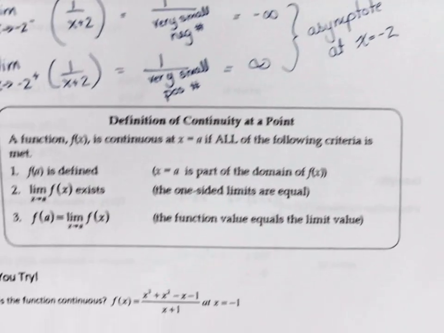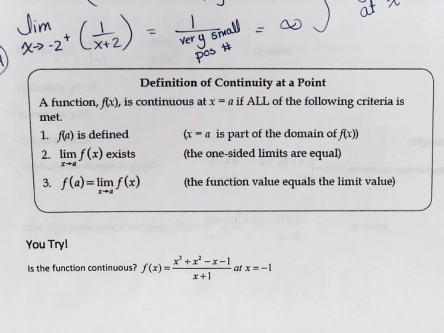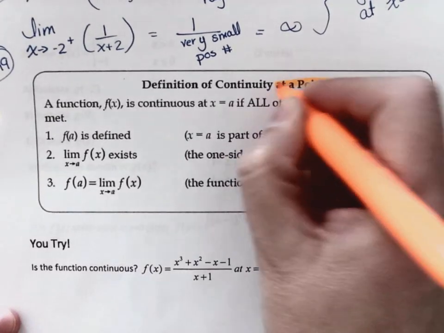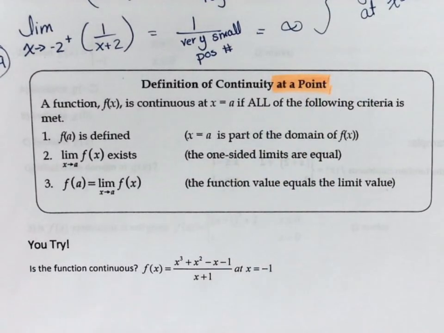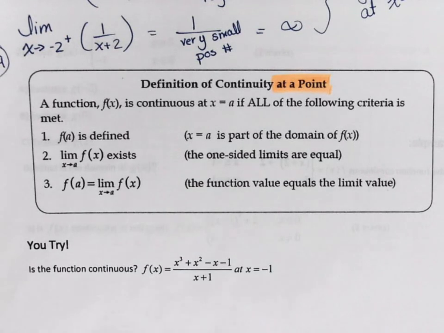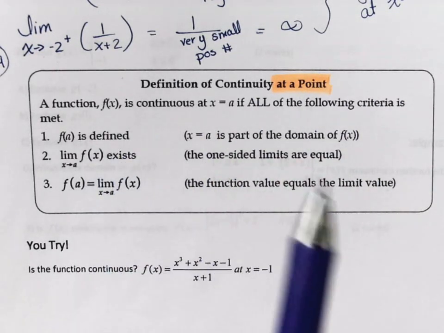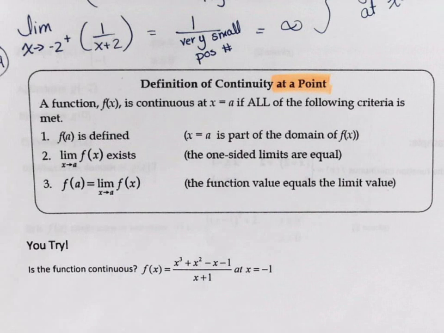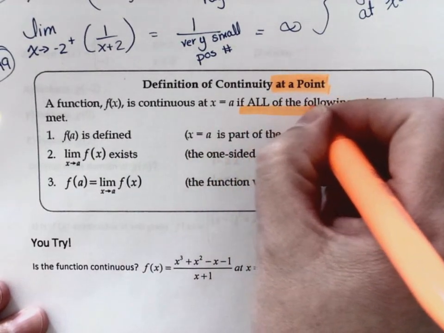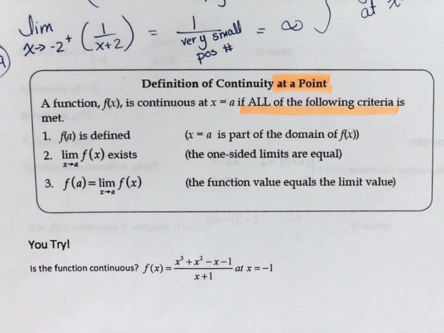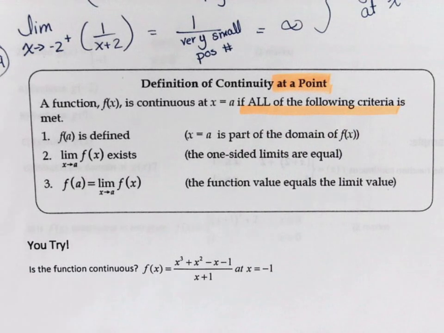Okay, so here's the rules. We're doing continuity at a specific point, like x equals 2 or x equals 6 or x equals 25, but at a point. All of the following criteria have to be true. So it can't be just one.